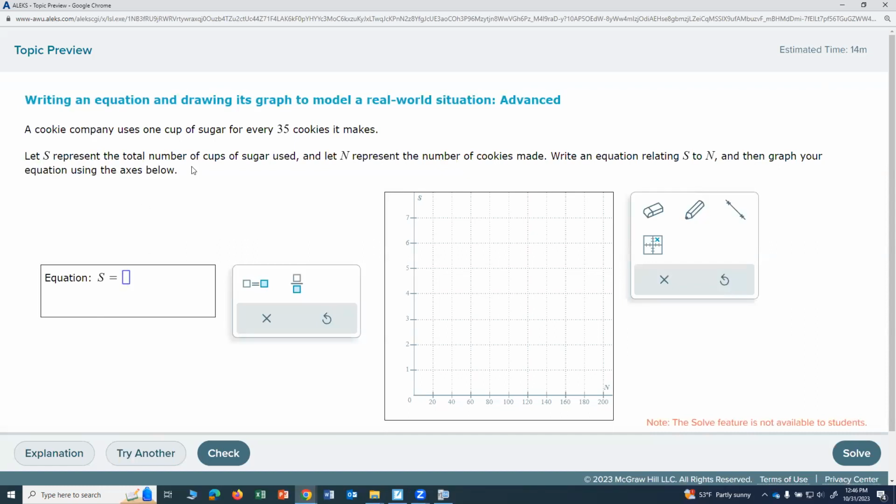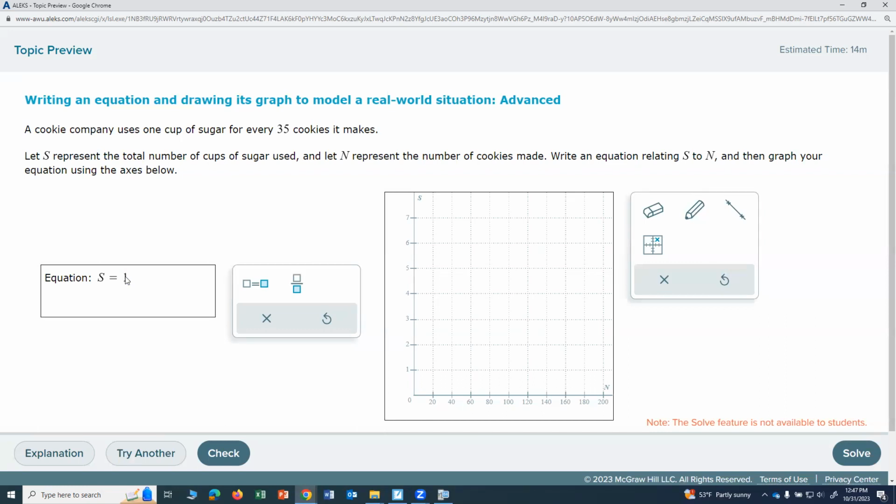Now S is the number of cups of sugar. So if I use 1 cup of sugar, that would make 30 cookies, or 35 cookies, excuse me. So 35 cookies for 1 cup of sugar. Now S is cups. So I want to have, in my slope, cups over number of cookies.